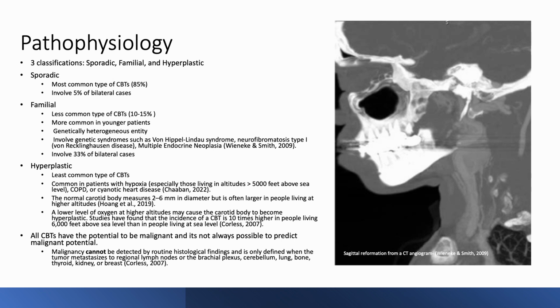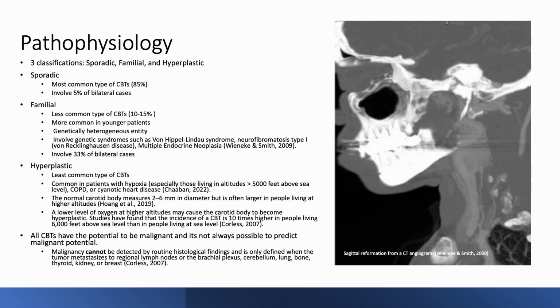The final classification of carotid body tumors involves hyperplastic tumors. These are the least common type of carotid body tumors. They're commonly seen in patients with hypoxia, and especially in those living at altitudes of 5,000 feet above sea level. I found it interesting that the normal carotid body measures about 2 to 6 millimeters in diameter, but it's often larger in those living at higher altitudes.